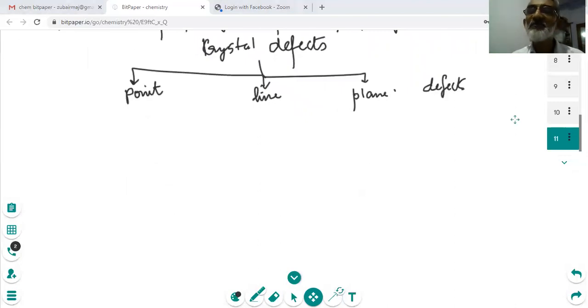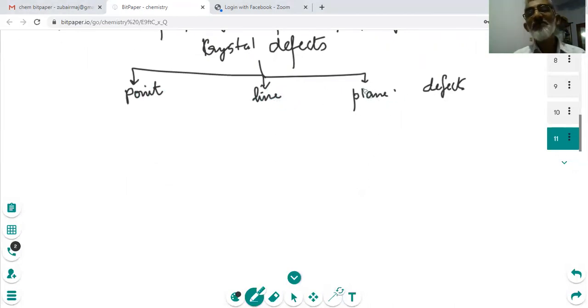The point defect will be related with defects in the lattice points. Line defect will be the defect in the whole line of cations or anions which are arranged.